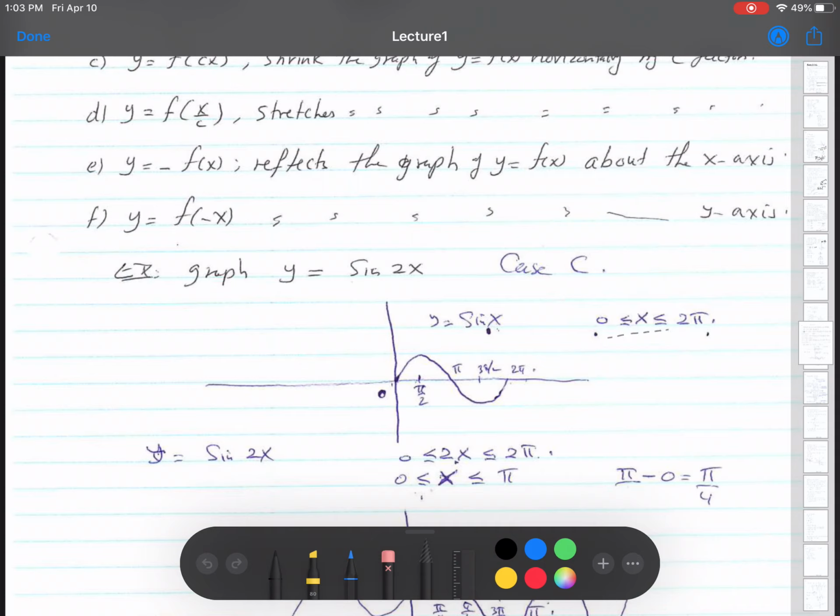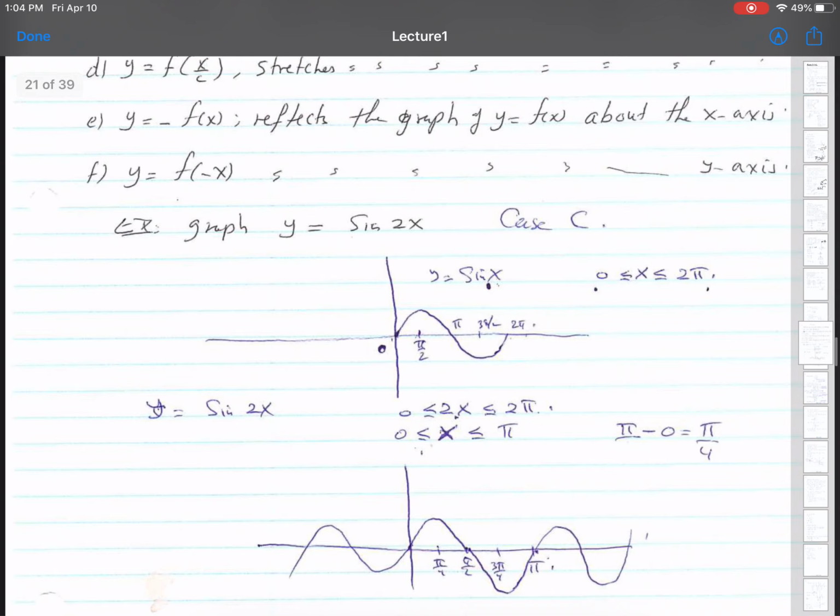The original domain for the sine function was x greater than or equal to 0 and less than or equal to 2 pi. So in the new function, this is how the domain will look. 2x is greater than or equal to 0 and less than or equal to 2 pi, and then we divide everything by 2.